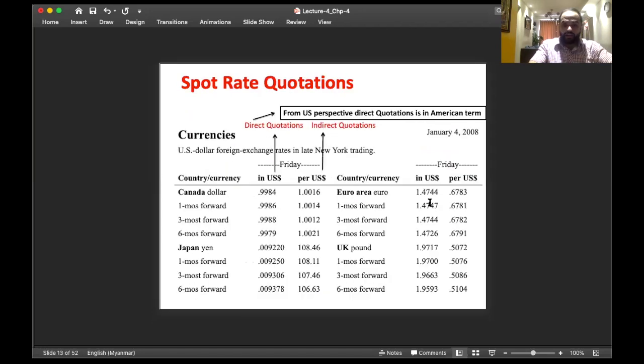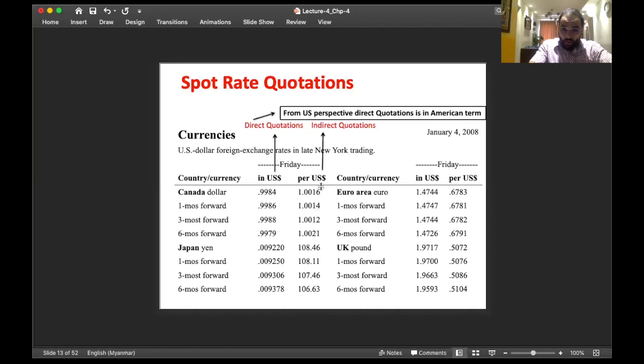Here, direct quotation. Can you see this? Okay, let's see here. Canadian dollar, this. Remember, this is a spot rate and 1 month forward, 3 month forward, 6 months forward. These three rates are forward rate. So you can see that 84, 86, 88, 79, 16, 14, 12, 21.